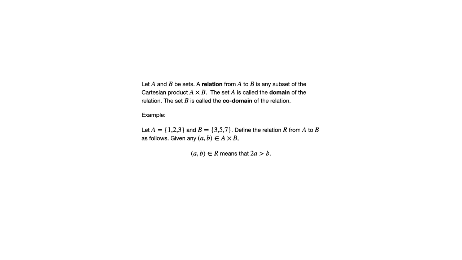So that's what we check. And remember, this is a subset of the Cartesian product. A has 3 elements, B has 3 elements, so that Cartesian product has 9 elements. If we check those 9 elements, we find that there are 3 of them that meet that condition: (2, 3), (3, 3), (3, 5).